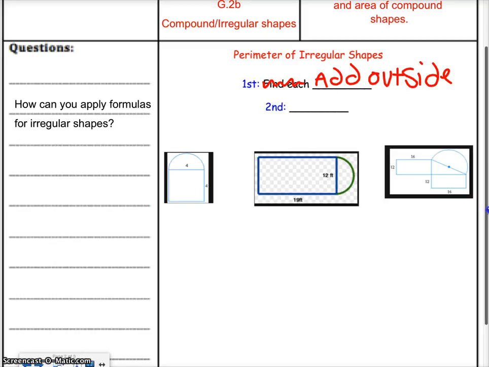So here this must be a square because the diameter of the circle is 4, which means the parallel side is 4, and this one's 4. So the outside is going to be 4 plus 4 plus 4. And now I deal with my circle.